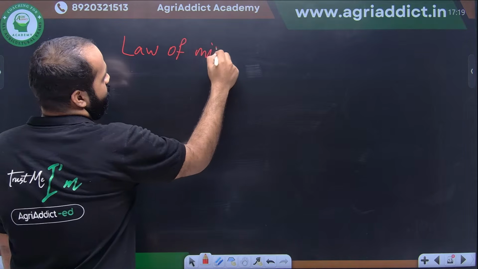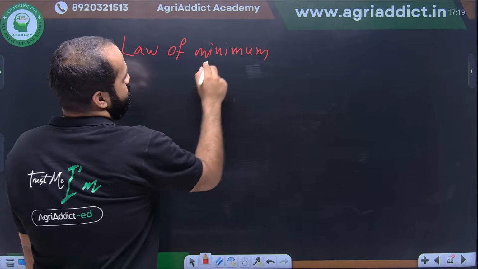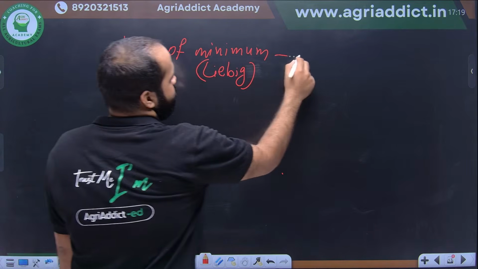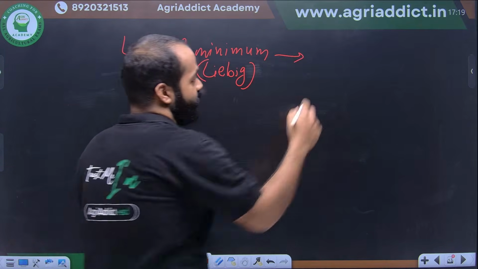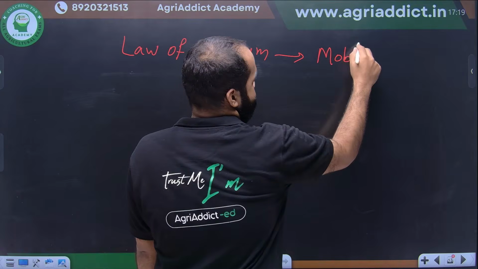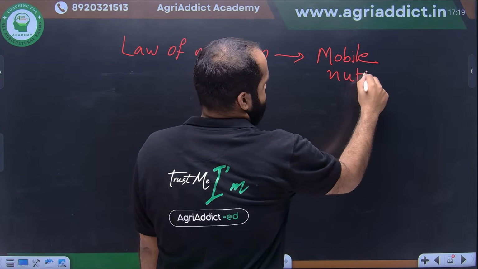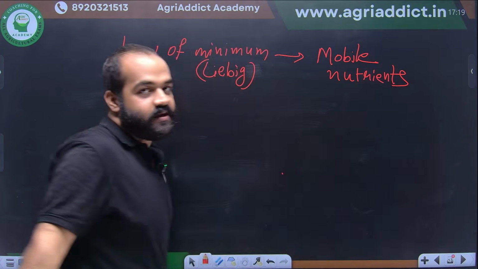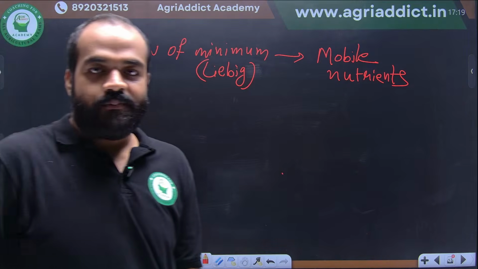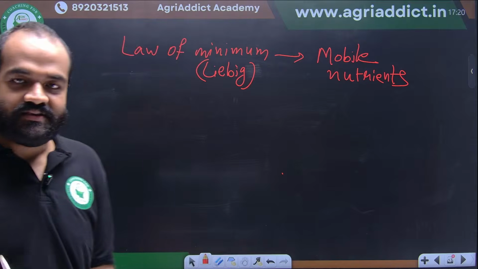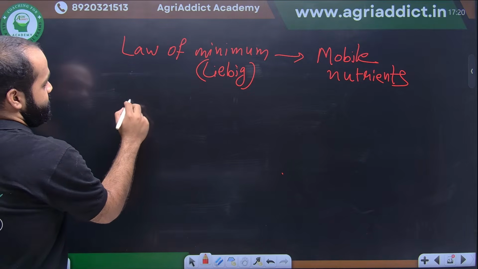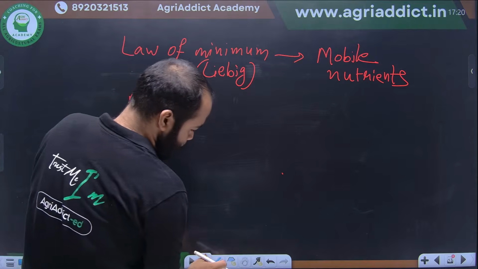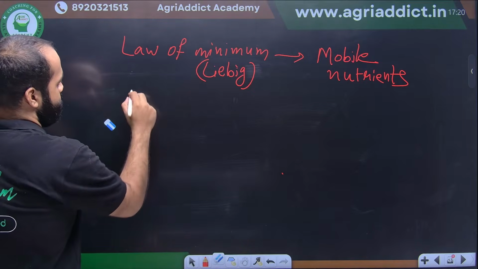We all know law of minimum given by Liebig. All right. This is valid for mobile nutrients. All right. Law of minimum क्या बोलता है? If all but one of the essential is not present, the crop will be barren. Whereas, sorry, not Mr. Leake.